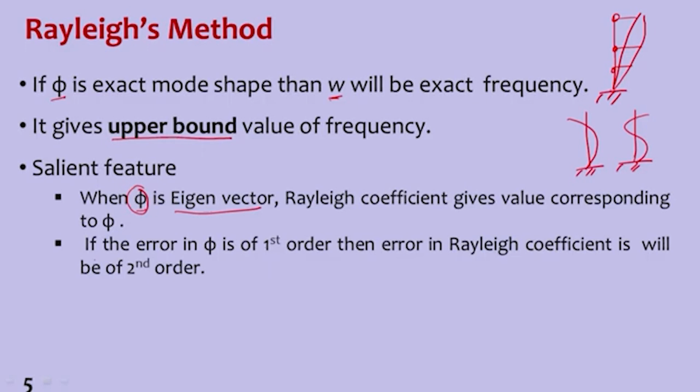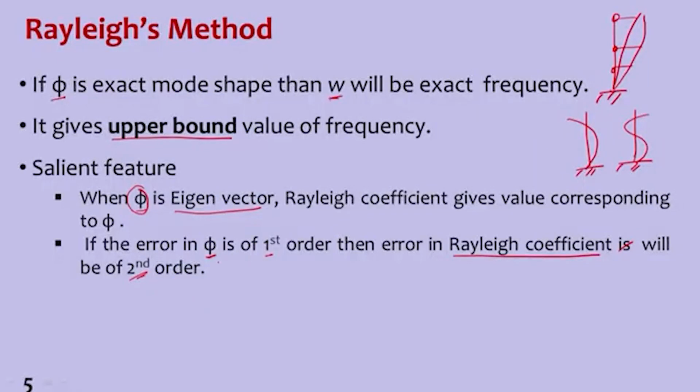One important thing is, if the error in assuming phi is of first order, then the error in Rayleigh's coefficient will be of second order. So there is an advantage: even if the error is slightly higher, the actual error in estimating the frequency is of lower order.